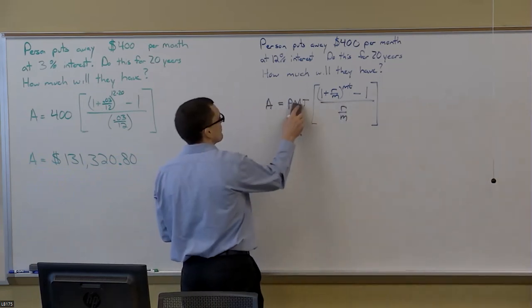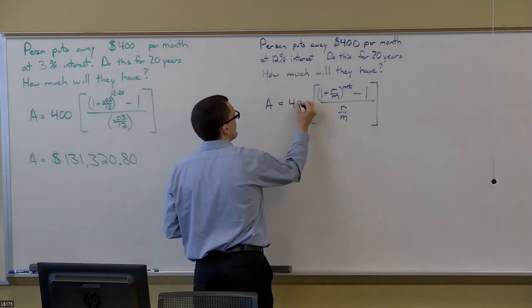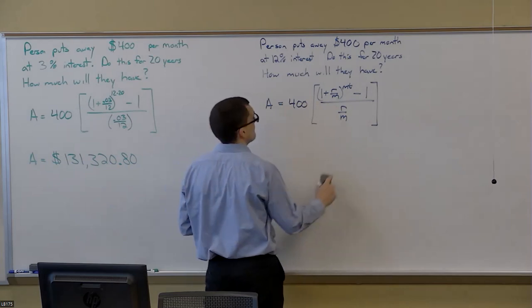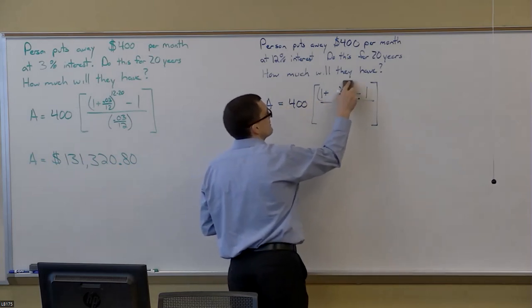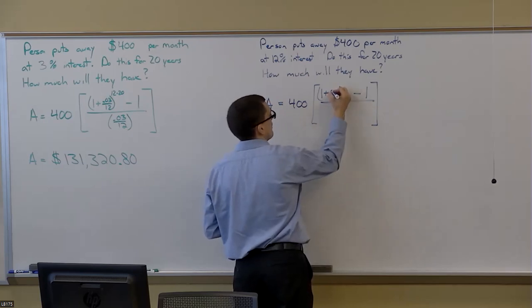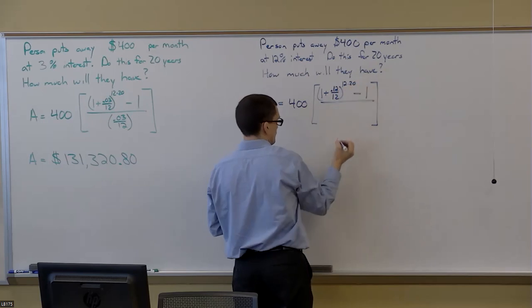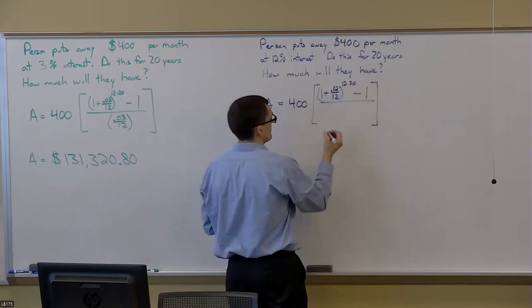And the second person also put in $400 a month, but the second person gained 12% interest. So the R was 0.12 over an M of 12. Again, for 20 years, so 12 times 20 or 240 as my exponent.